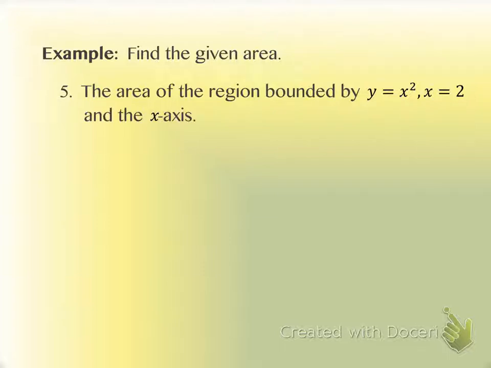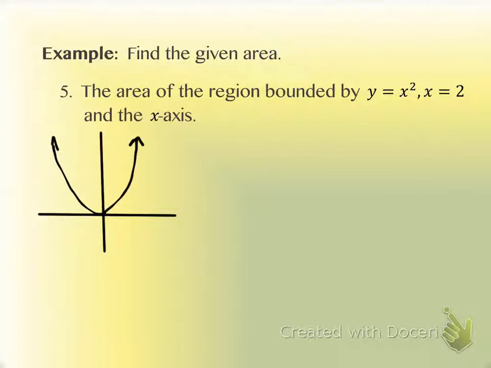So the first thing we need to do is graph what we are in fact given so that we can try and figure out what the pieces go together to make. So y equals x squared looks something like this, right? x equals 2. What does that look like?